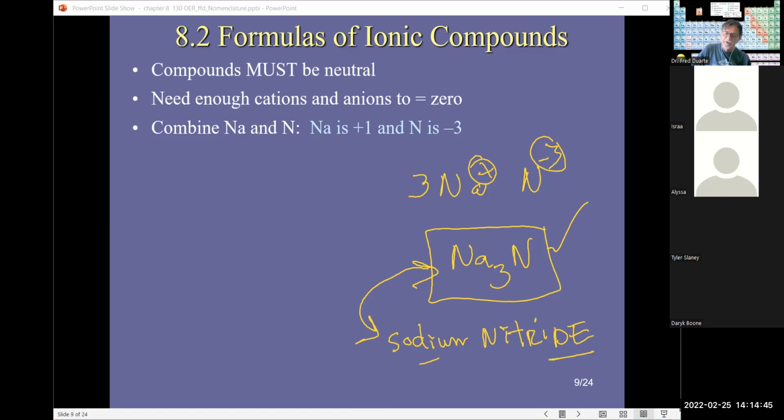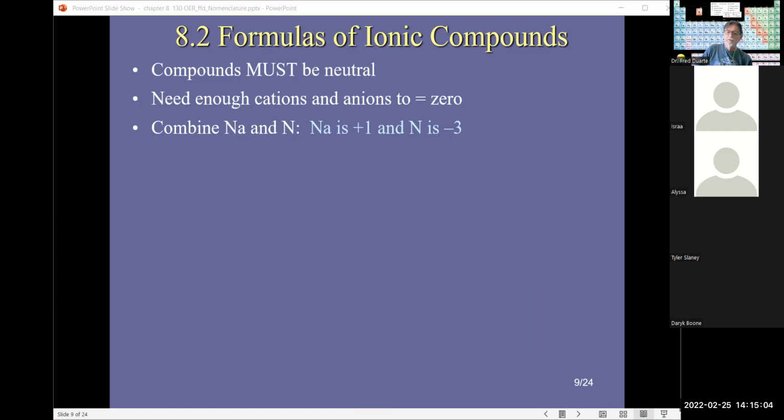Okay, the nitride, the nitrate, then nitrite. Whenever you hear the ATE and the ITE, go to the polyatomic ion. When it's the IDE, that is just the single atom itself.